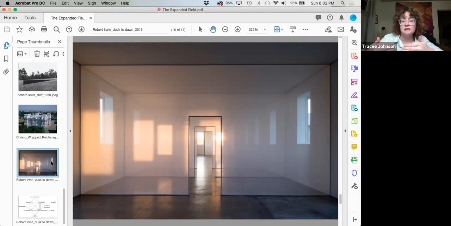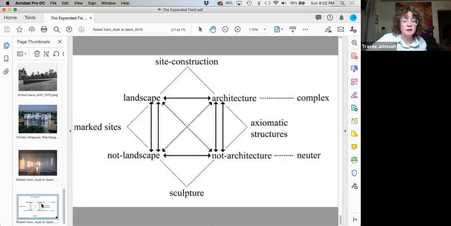And so this is architecture. It looks like walls, it's got doors, we've got windows. So there's clearly architecture there, but it's also not architecture, right? Because it's a specialized art piece, a site-specific piece for this room, for this space, for this light.